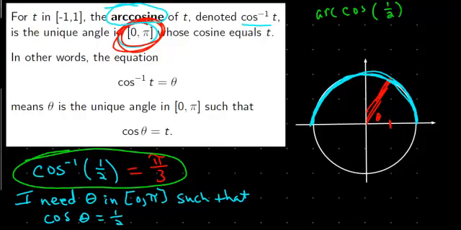Now the reason I like this is because to me this says, give me the arc such that its cosine is 1/2. I want the arc length on the unit circle such that its x coordinate is 1/2. And we know when we have an x coordinate of 1/2, we have a y coordinate of √3 over 2. So that's going to give me my pi over 3.